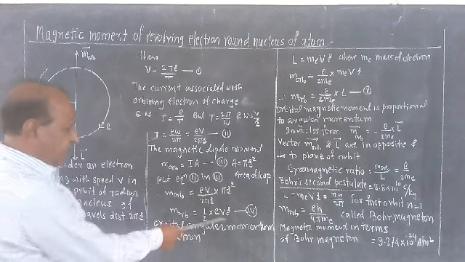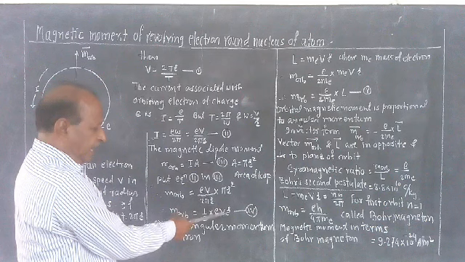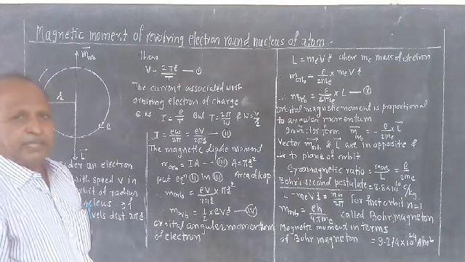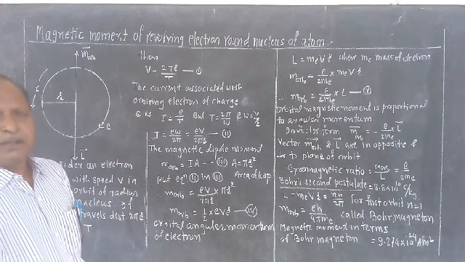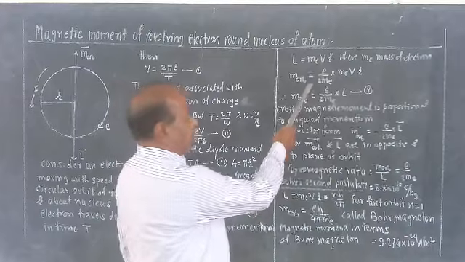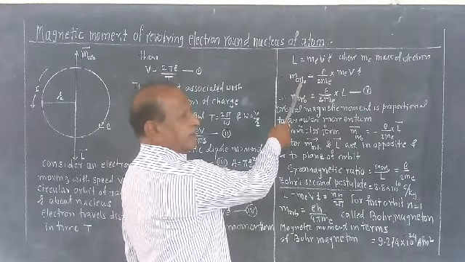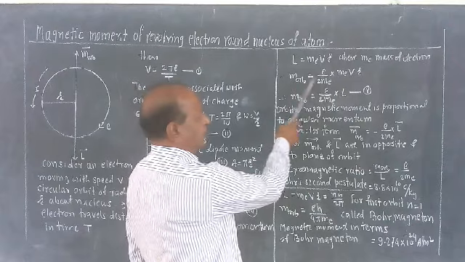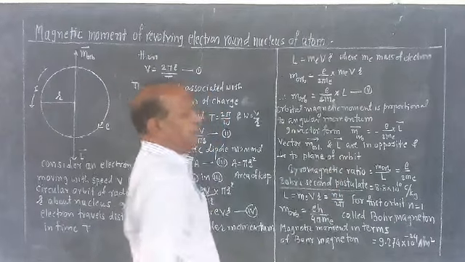Now adjust this equation number 4 such that we multiply and divide by the factor m e. Then this equation becomes M orbital dipole moment is equal to e divided by twice m e into m e v r.